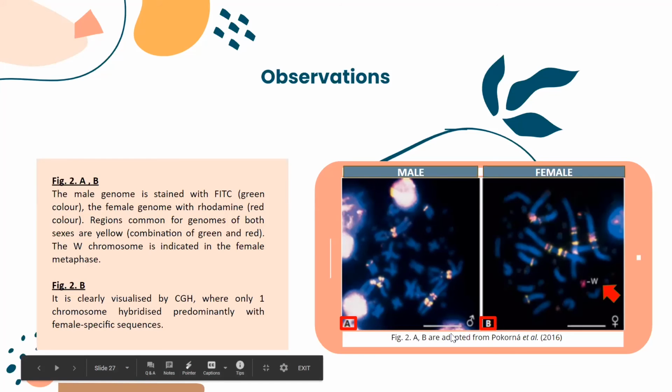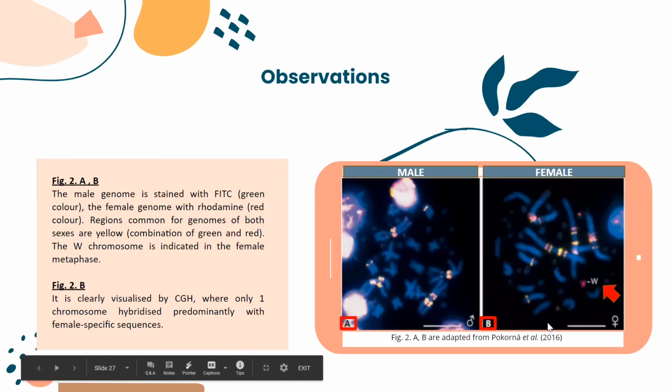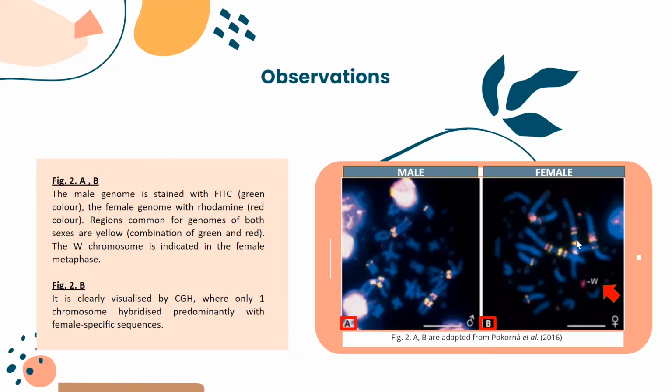In figure 2A and B, the male genome is stained with green color, which is the FITC, and the female genome is stained with red color. The combination of green and red gives yellow, which is the combination of both sexes.